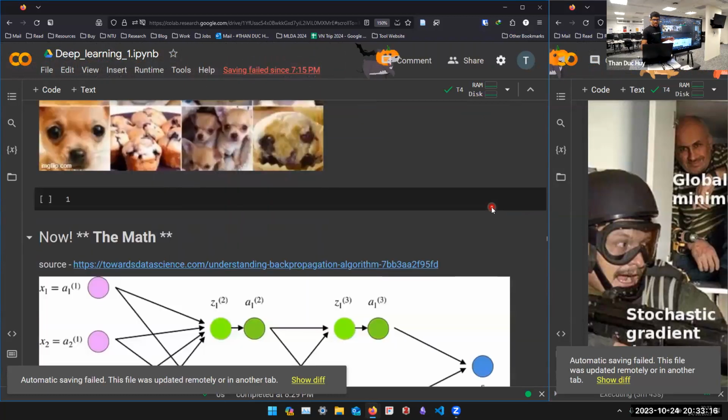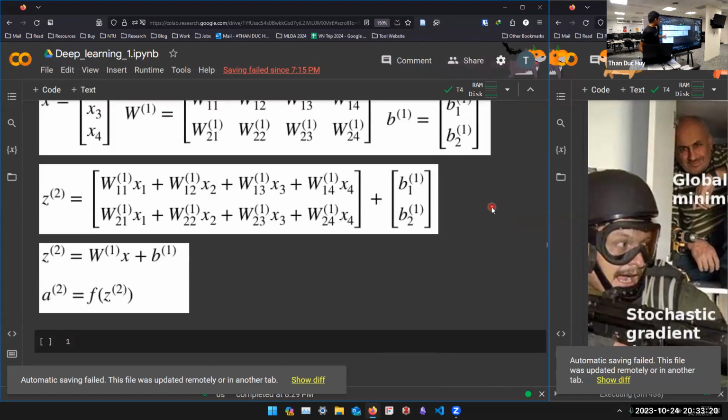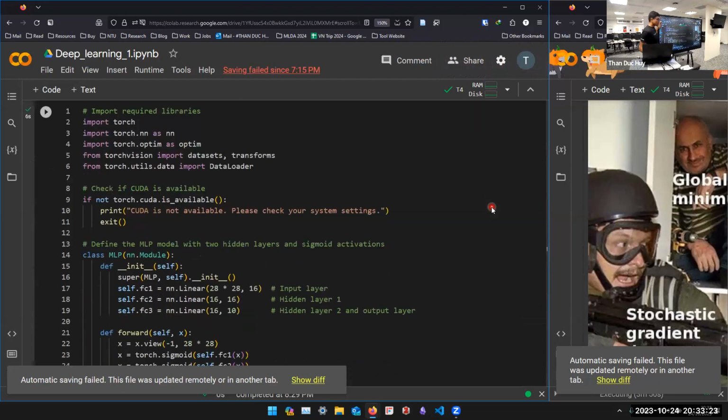And of course, after that, we spoke about the math part. And then we actually built the model, right? We learned how we can define the weights visually by mapping from the input values to the first hidden layer, then from the first hidden layer to the second hidden layer, and then from the second hidden layer to the output values.